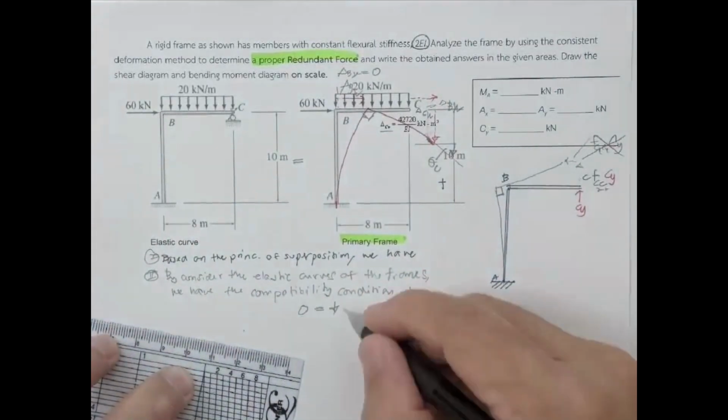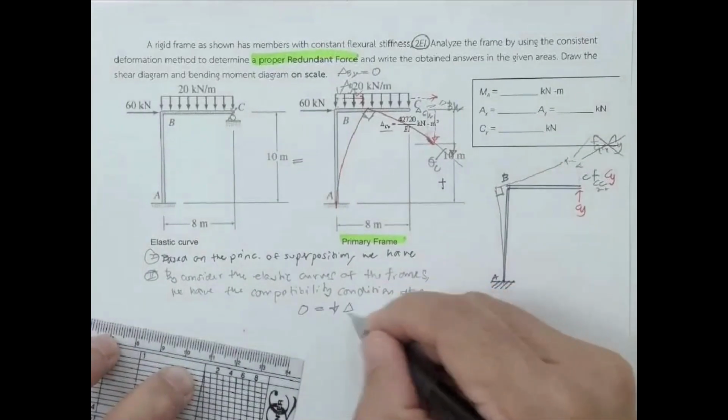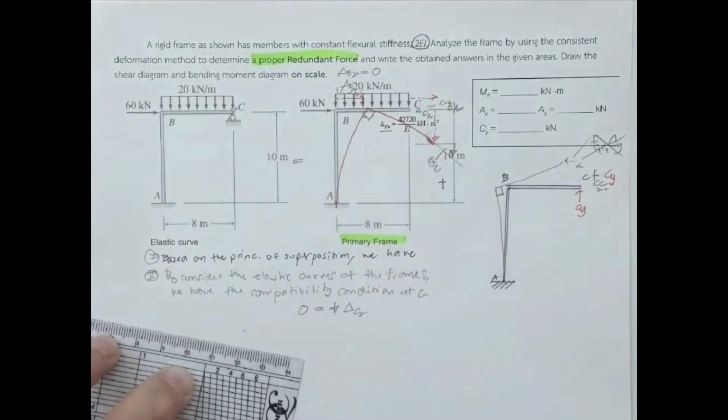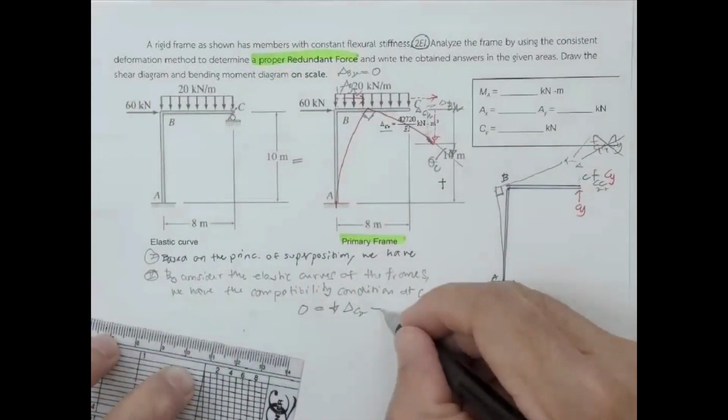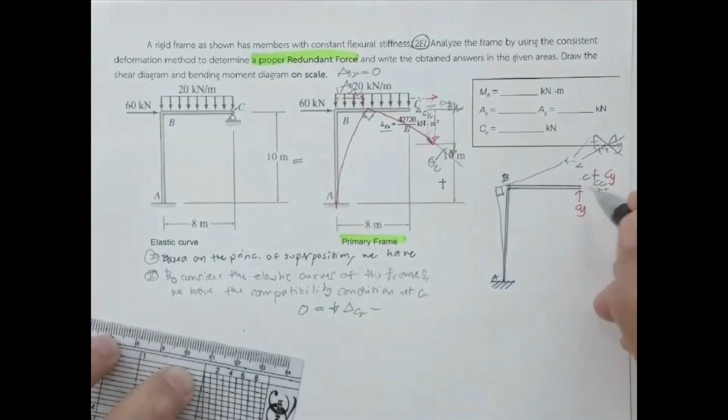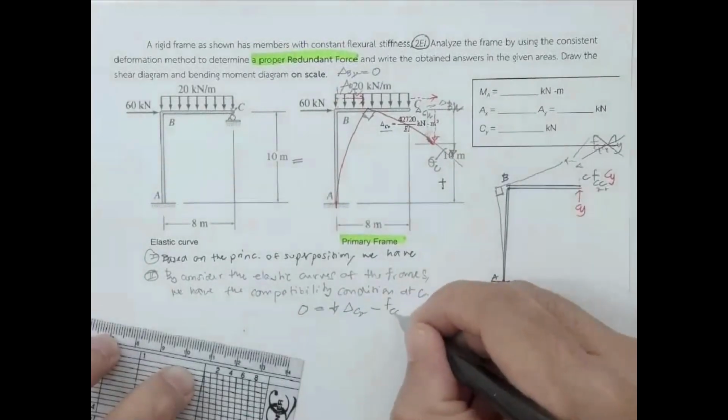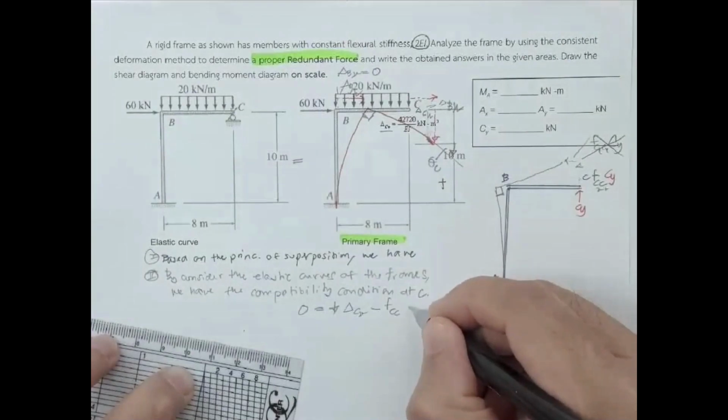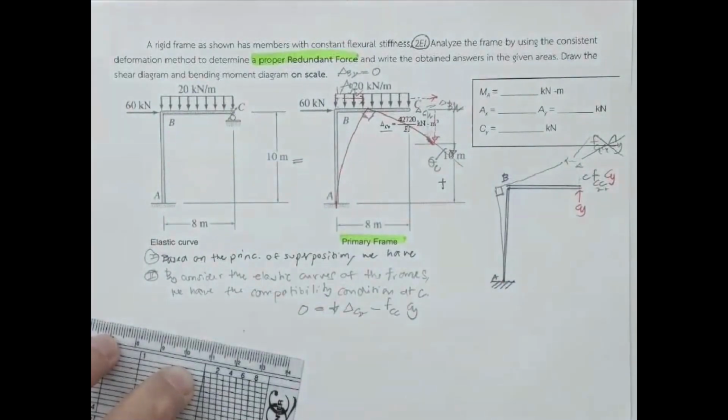You said positive, so let's put delta sub CV, and then upward negative F sub CC times C sub Y.